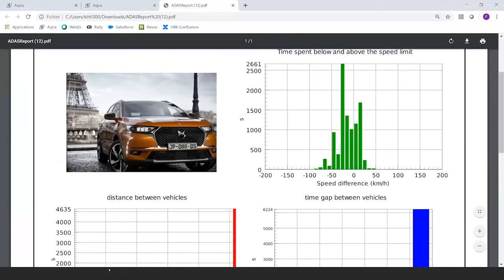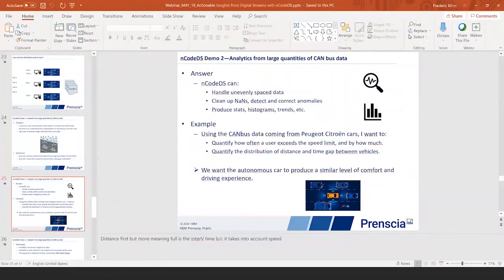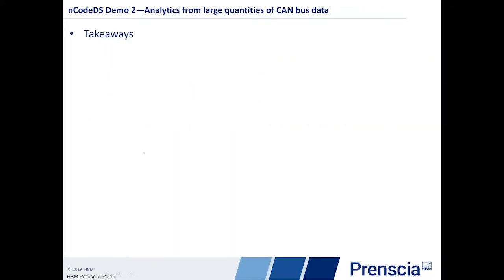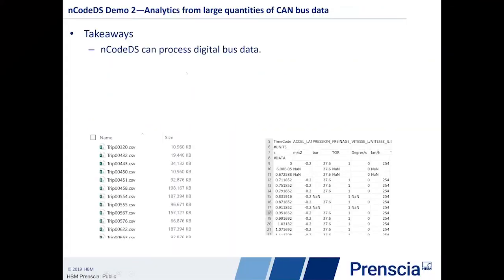Let me just go quickly back to the PowerPoint presentation. Now the takeaways. So we've seen that we processed digital bus data. Those were CSV files. Some of them were quite big, and if we looked at one of them, again, this is coming from PSA.